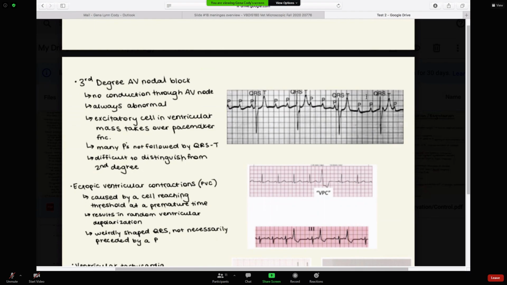If this dog is always at rest, it can survive, but the second you ask it to start running, it's going to pass out because it's not getting adequate oxygen to the body, because the heart rate can't increase to meet the needs of the body. This will be fatal if it's not fixed. And it's always abnormal. So even in athletic horses, this is always abnormal. So yeah, those are AV nodal blocks.